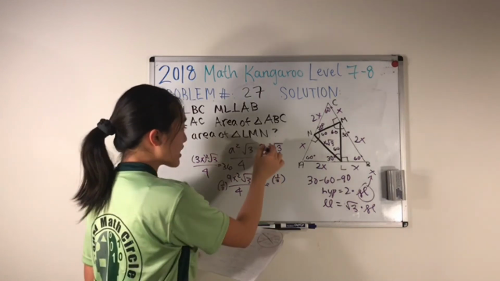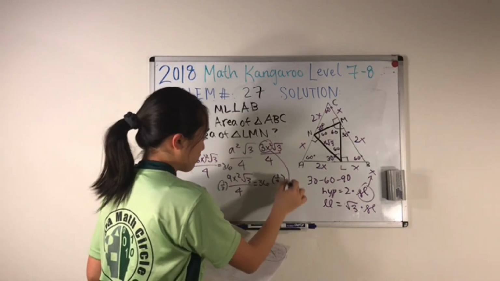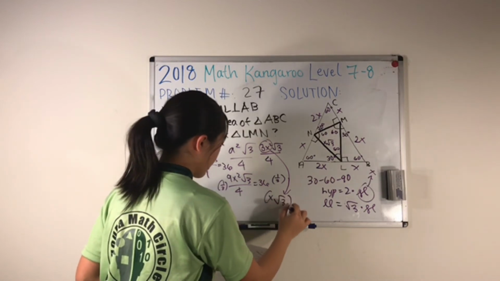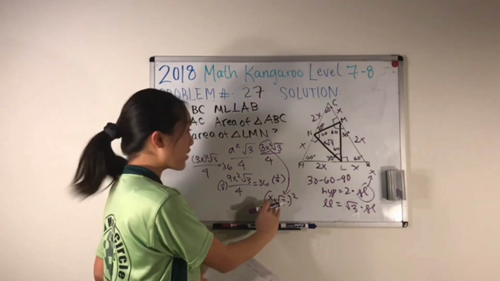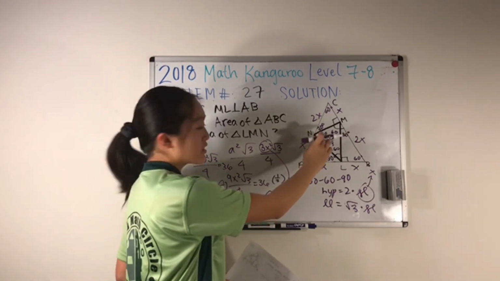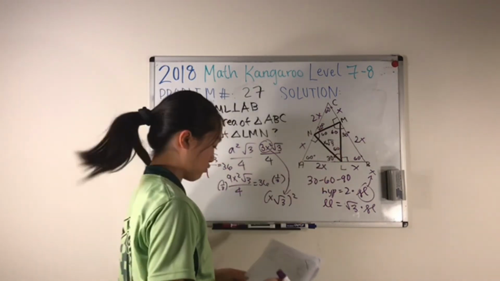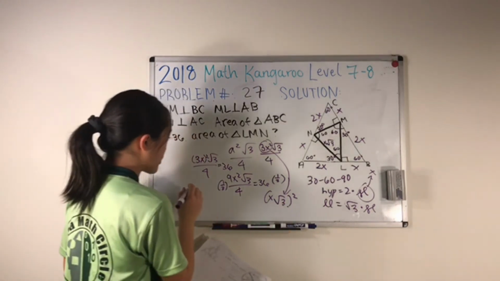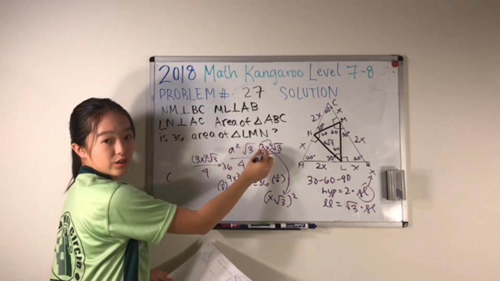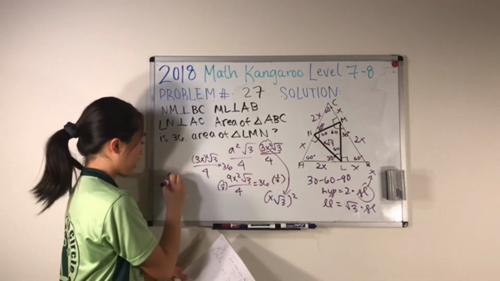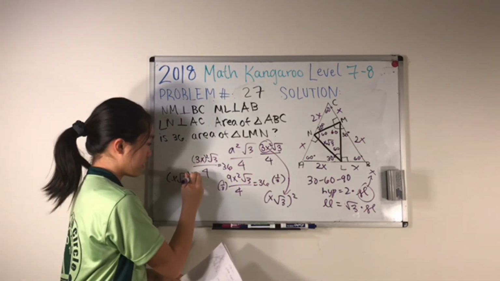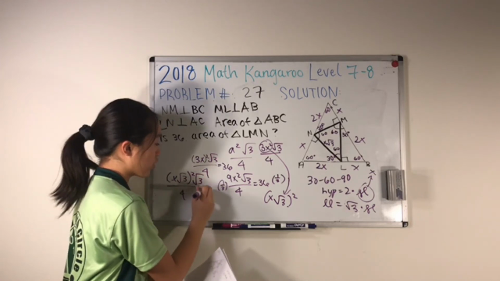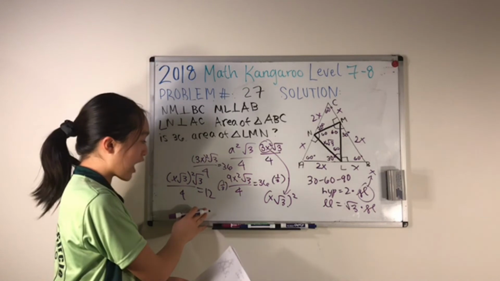Now if you notice, 3x squared is basically x rad 3 squared. And what is the value of x rad 3? x rad 3 is the value of each side in the smaller equilateral triangle. So we would have x rad 3 squared times rad 3 over 4 equals 12.